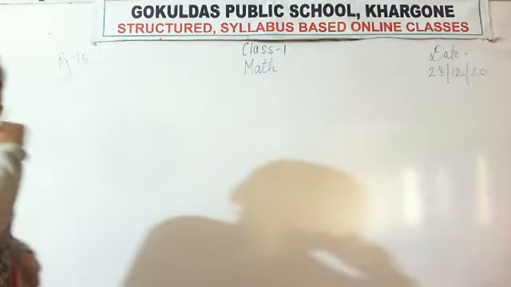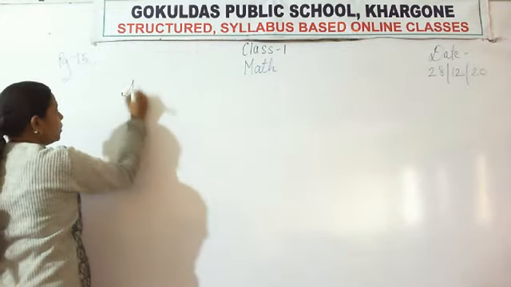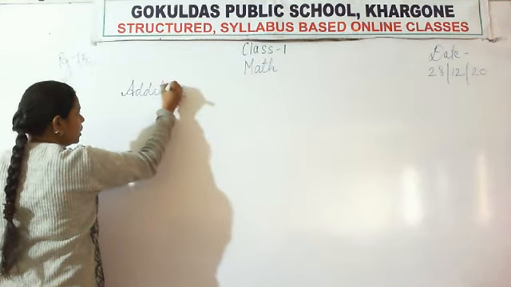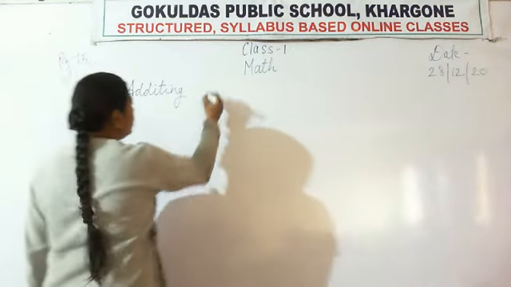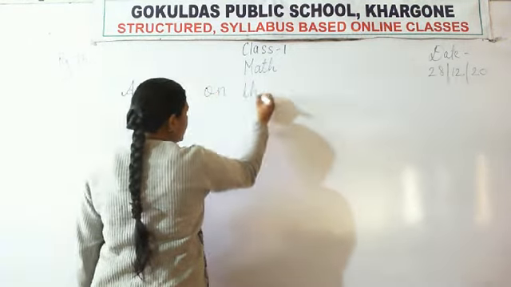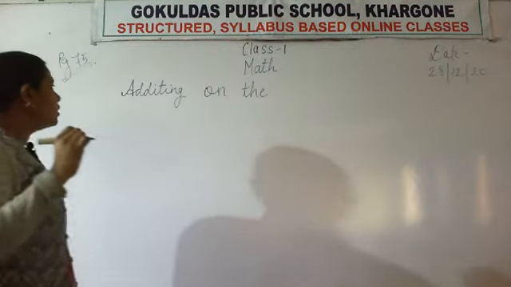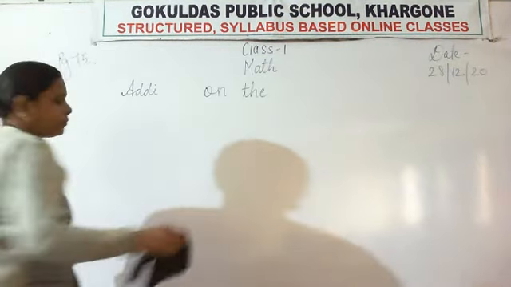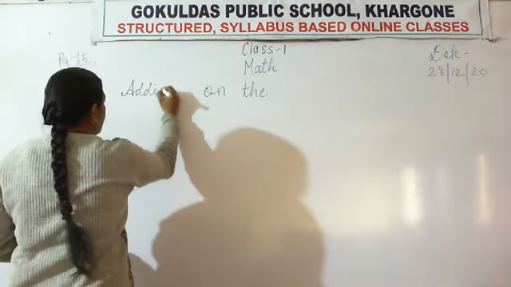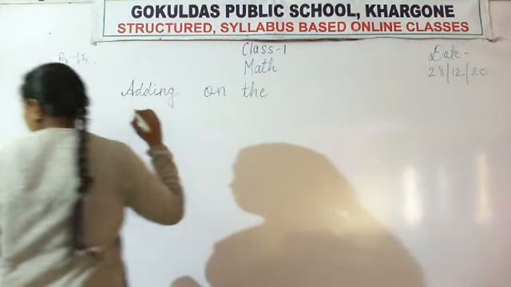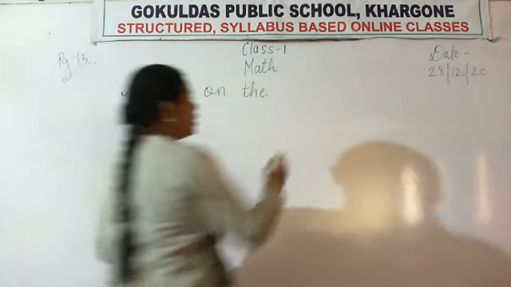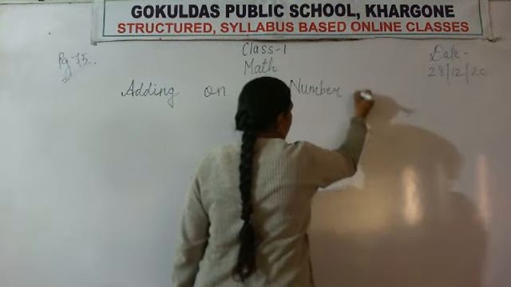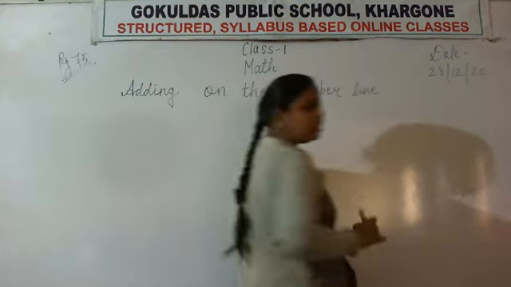Adding on the number line. Write ADDING on the top of your notebook, adding on the number line.